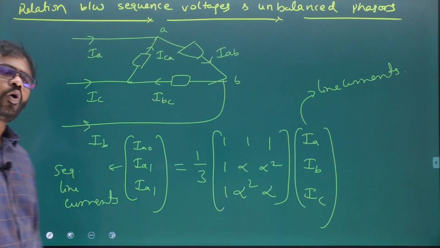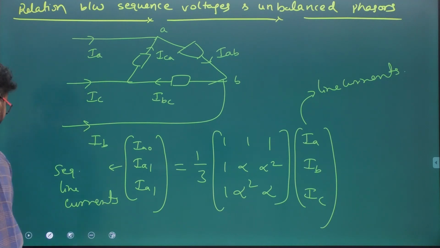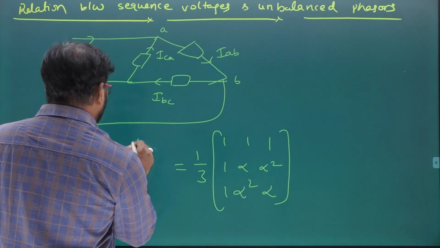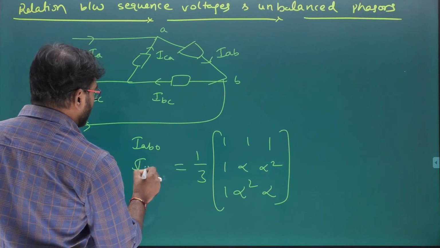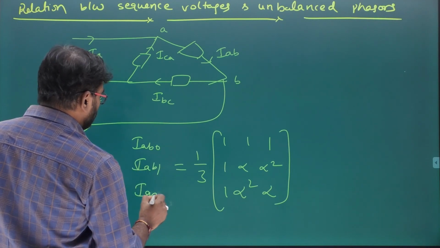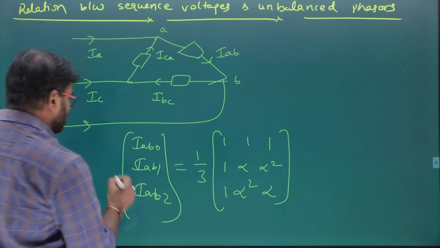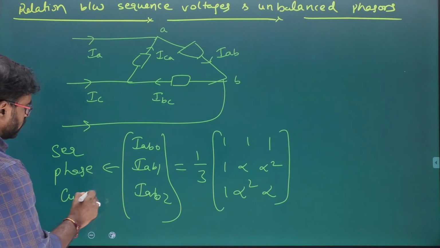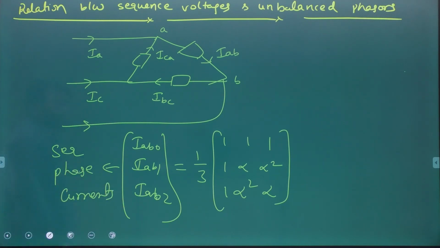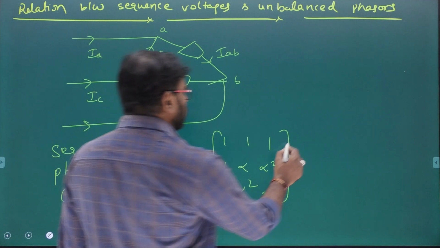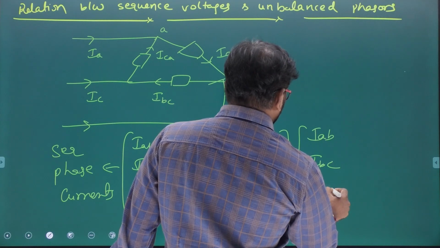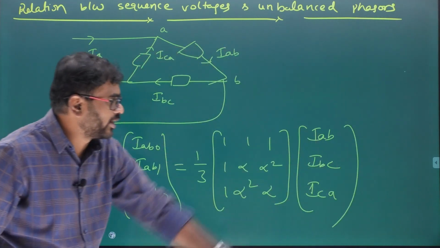This is always valid. Similarly, we can write IAB0, IAB1, IAB2. What are those? These are called sequence phase currents. Correct or not? AB, BC, CA are the unbalanced phase currents, equal to 1 by 3 times this matrix multiplied with IAB, IBC, ICA.